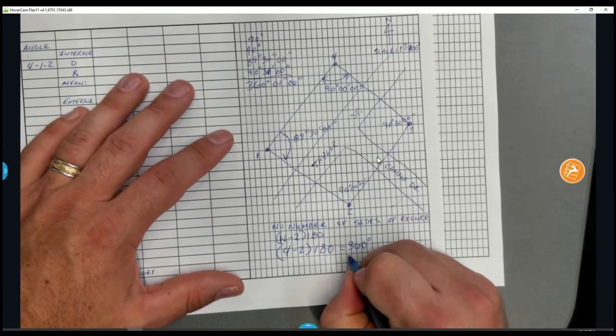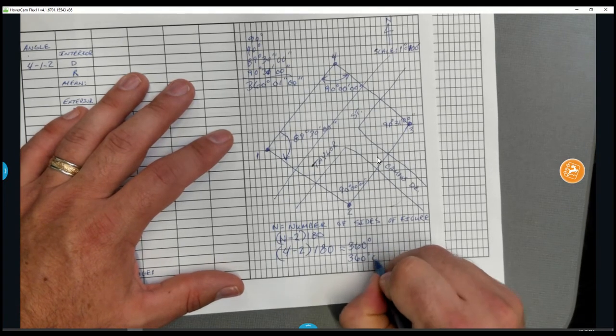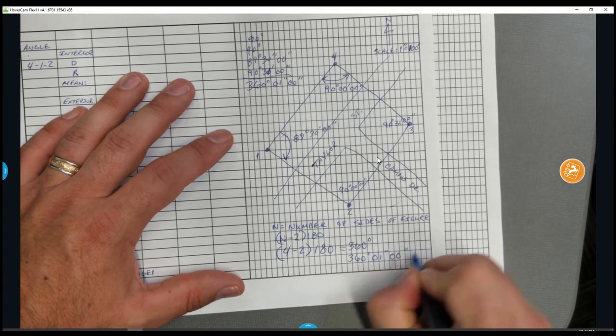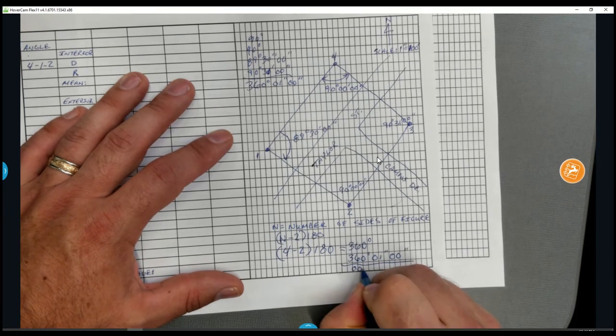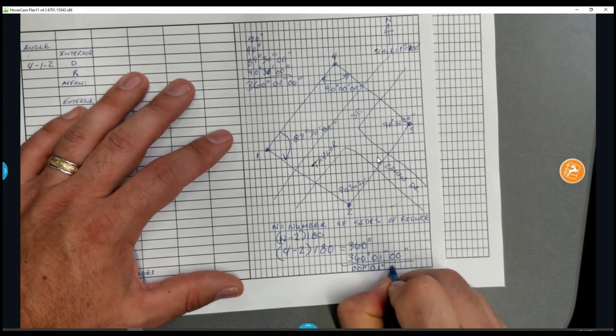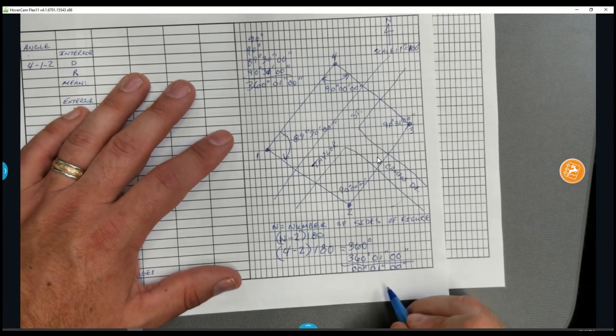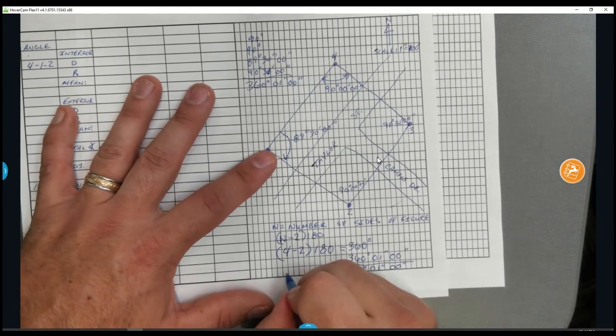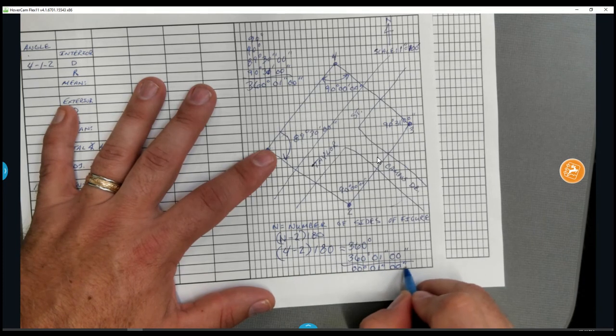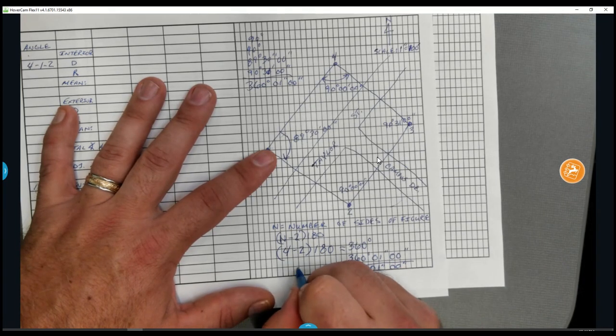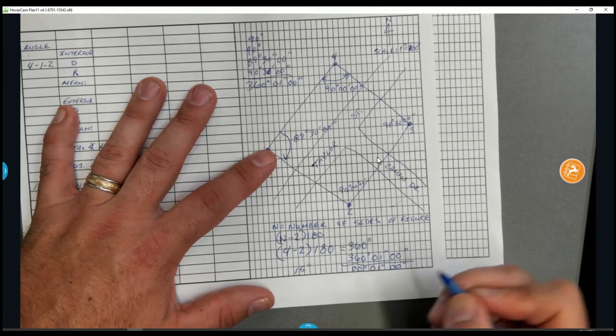So if I take 360, 01, 00, figure that out, 0 degrees, 01 minutes, 00 seconds, now I take that and divide that by 4. I'm going to adjust my adjustment after I do this math, divided by 4. It's going to be 15 seconds per angle.